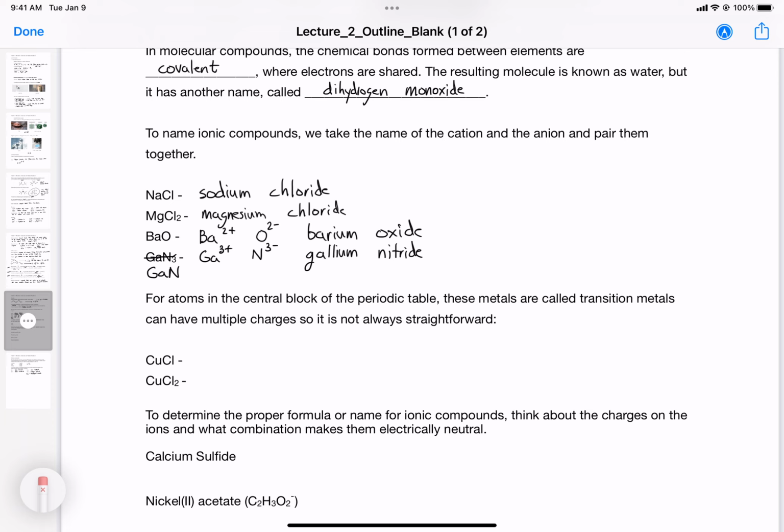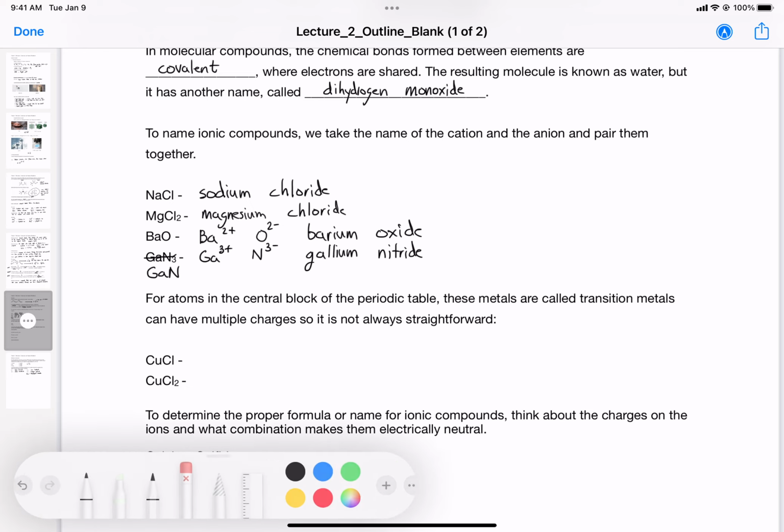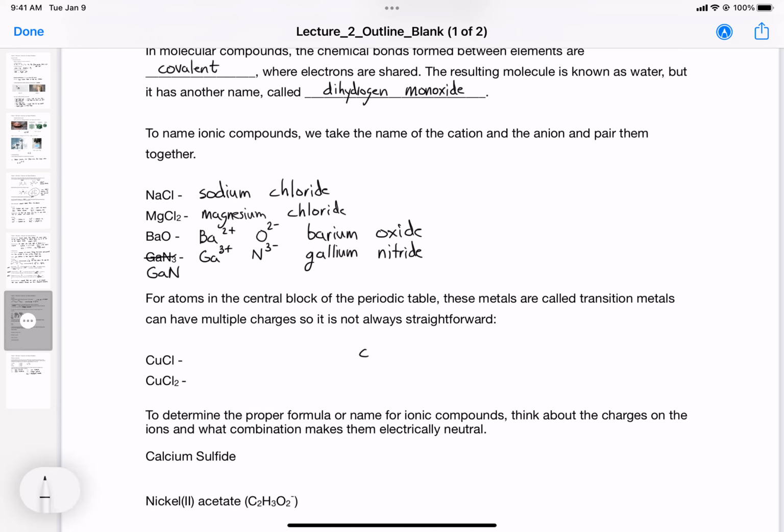Okay, so we have copper chloride, and then it looks like copper chloride again. So are both of these molecules copper chloride? No. In this case, we have to look at the anion charge to determine the name for the metal. So for example, Cl minus, but we only have one Cl minus and one copper.